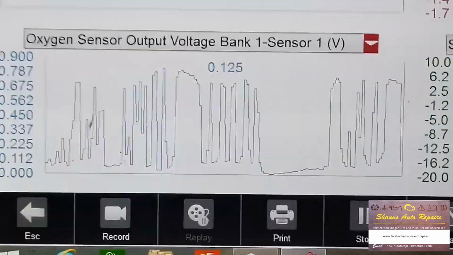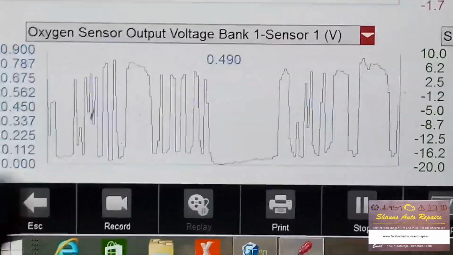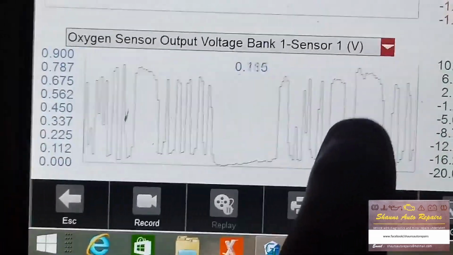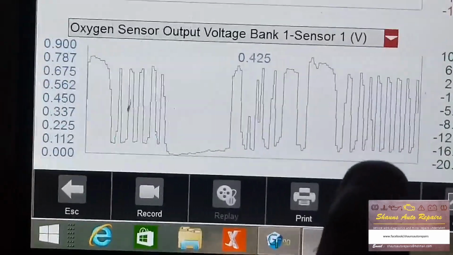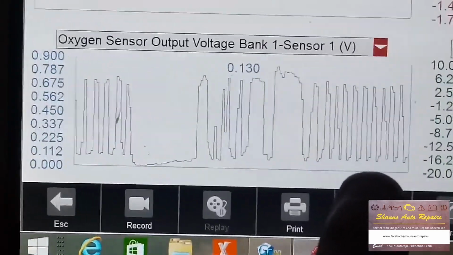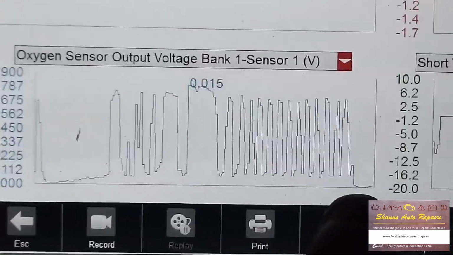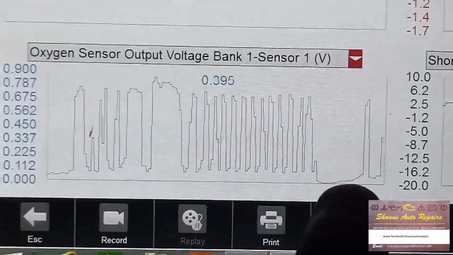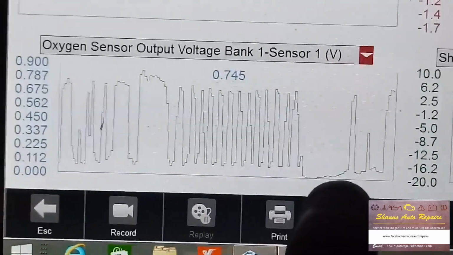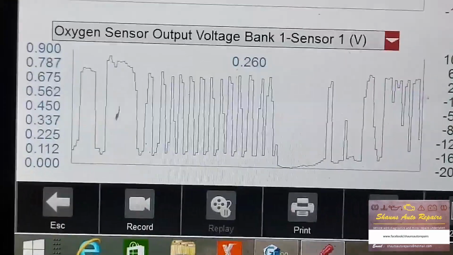If we increase the RPM, you can see you get an initial purge of rich mixture, and then it fluctuates as normal because it's in fuel control, and then when you decelerate you get a weak mixture, and then it goes back to normal again.